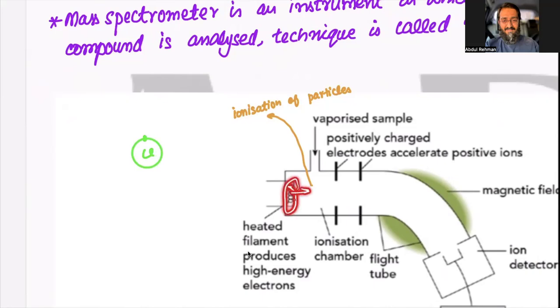The high energy electrons are emitted, and one strikes the atom. So for example, a high energy electron strikes over there, and as a result the outermost electron comes out as well, and the chlorine atom now becomes a positively charged ion. So that happens with all of the chlorine atoms.